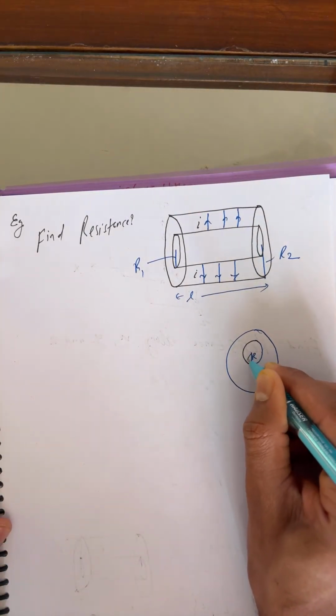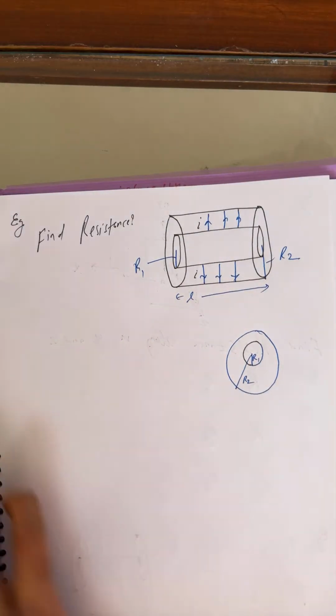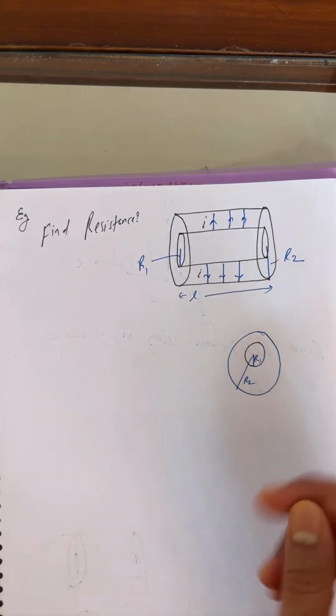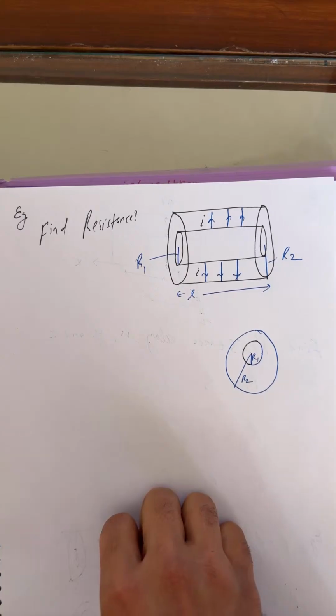This is R1 and this is R2. So the area is changing, so in this condition we have to apply the concept of integration. Now this time we'll take the curved surface area.